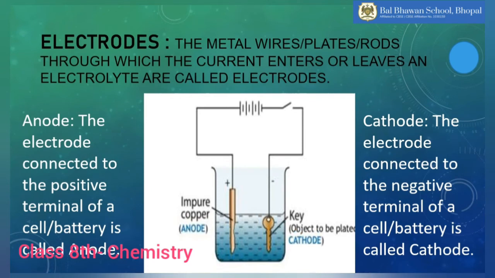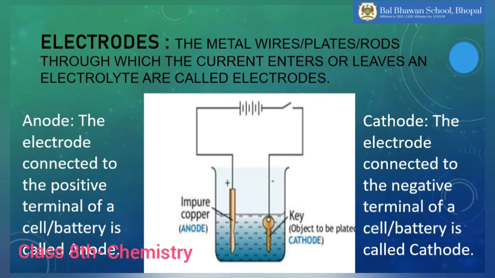One is cathode, the other one is anode. Cathode is the electrode which is connected to the negative terminal of the battery, and anode is the electrode which is connected to the positive terminal of the battery. And current always flows from the positive terminal to the negative terminal.